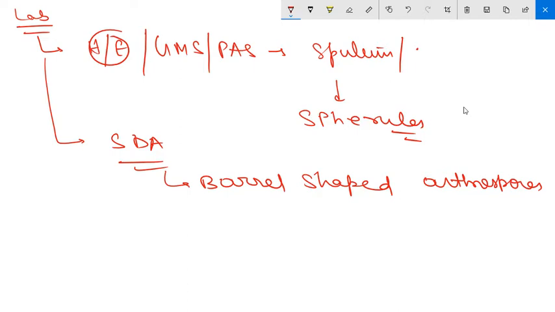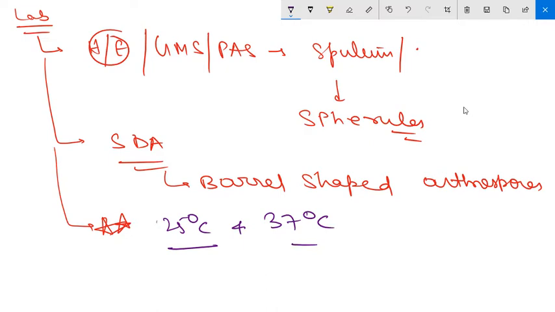Now one most important point which is generally asked: Coccidioides differs from other dimorphic fungi as it grows as mold at both 25 degrees centigrade and 37 degrees centigrade in usual culture media. At both temperatures it grows as mold, but other dimorphic fungi differ from it, and it forms spherules at 37 degrees centigrade in some special media only.